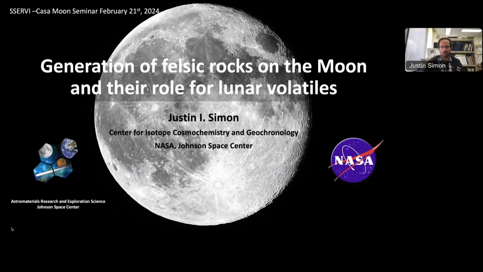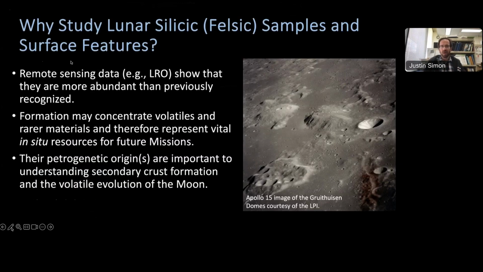This is not just because volatiles are essential for life and other near surface processes, but also because of how they affect physicochemical processes, particularly in magmas, how they are generated, how they degas, and they can have significant effects both in terms of local and planetary scale differentiation. So I'm going to move along. If there are questions, I probably can't see the chat, but if someone could just jump in and let me know, I'm happy to clarify.